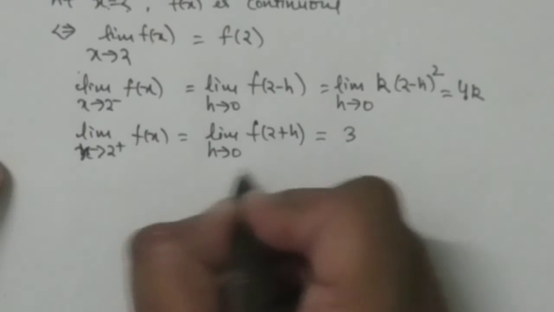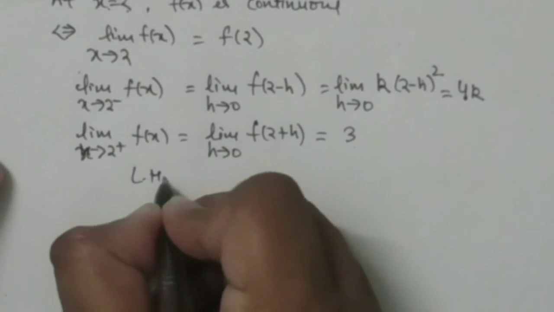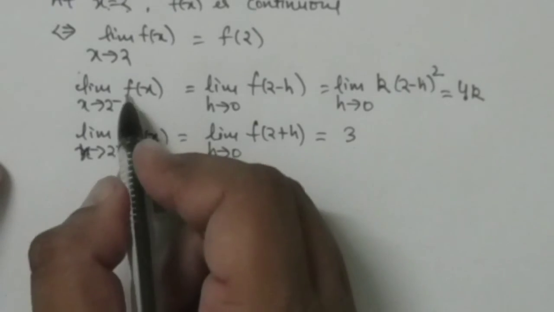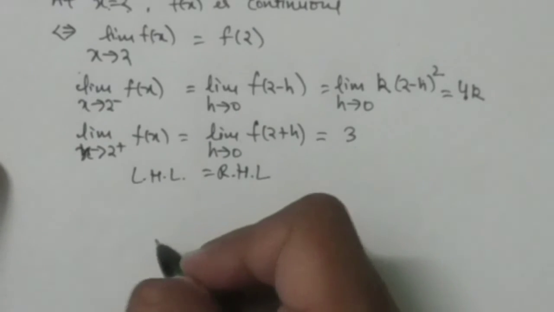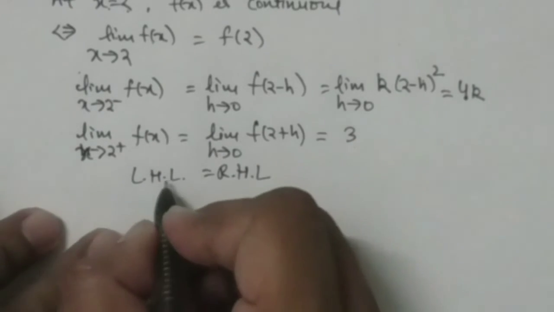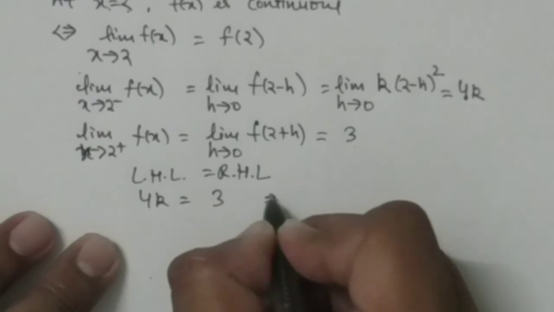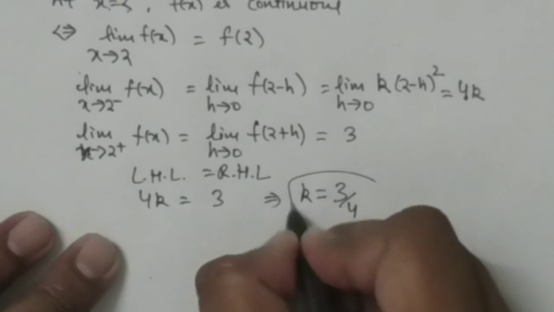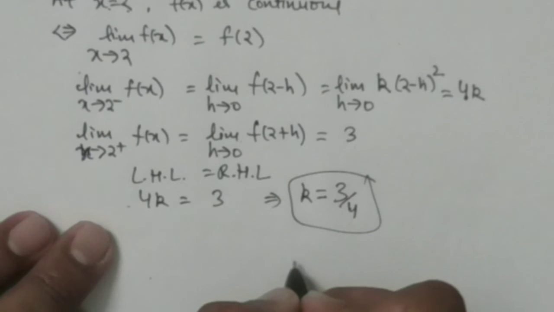So left hand limit should be equal to right hand limit, otherwise limit of f(x) as x tends to 2 will not exist and the function will not be continuous at x is equal to 2. So 4k should be equal to 3. That implies k should be equal to 3 by 4.